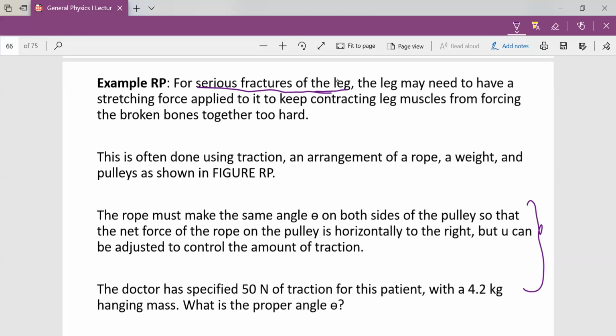So a serious fracture on the leg may need to have a stretching force applied to it to keep the contracting leg muscle from forcing the broken bone to heal wrongly. Let me use that word: that is, to come together too hard.